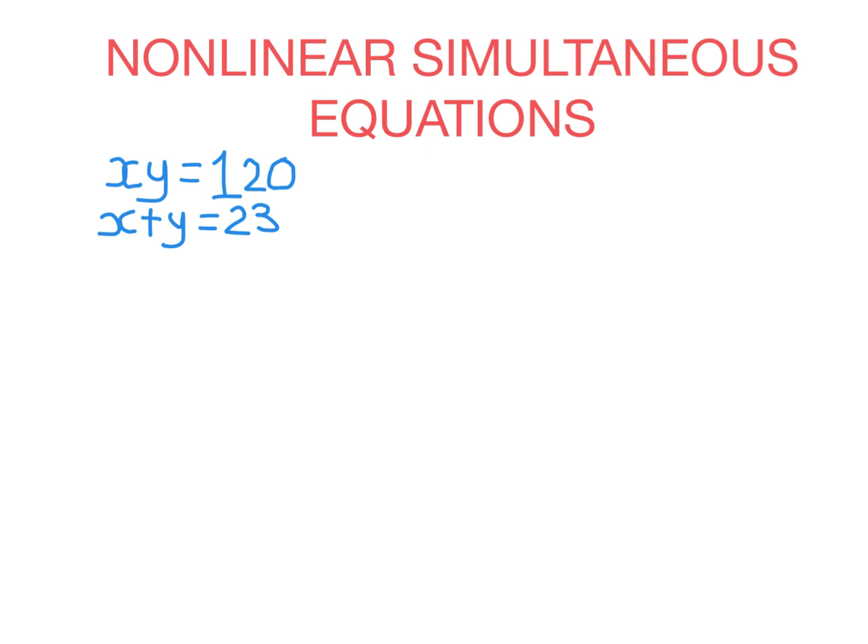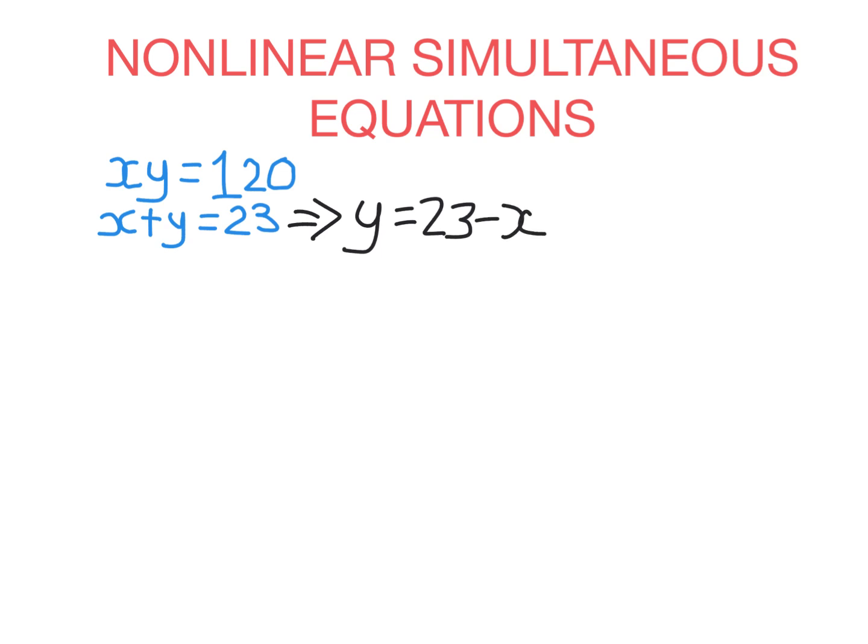So when we're solving these systems in which one or both equations is nonlinear, we can use similar principles to what we used for linear simultaneous equations. What I'm going to do to solve this system is look: is it easy to get x or y by itself in either equation? Well, this one is very easy. I can subtract x from both sides and make this y equals 23 minus x.